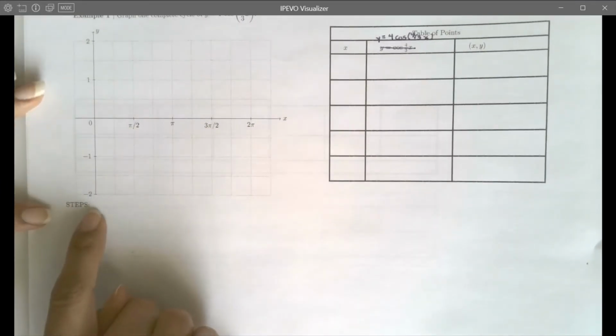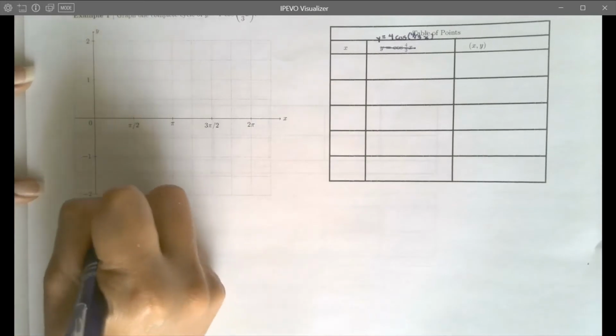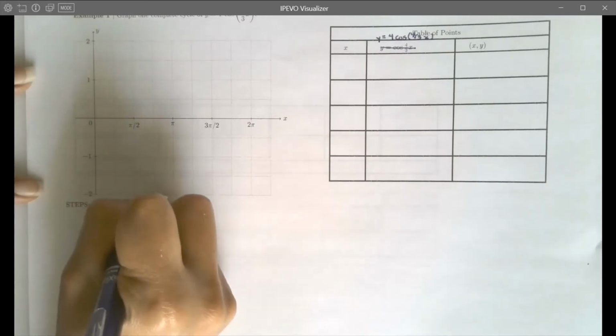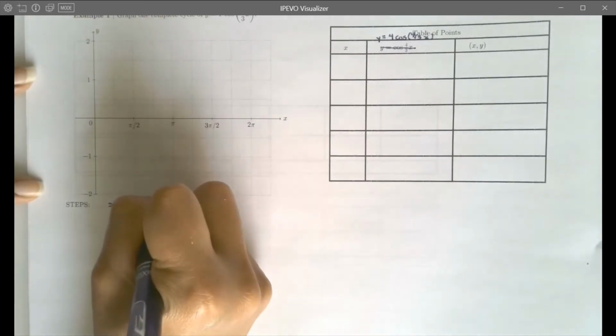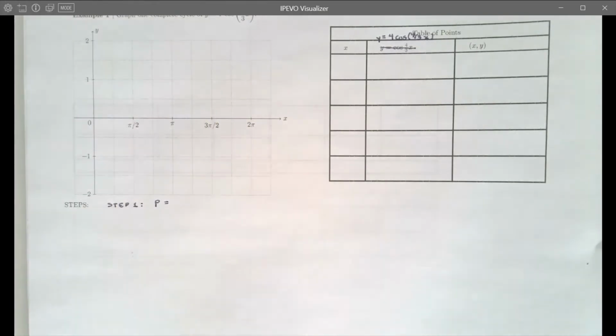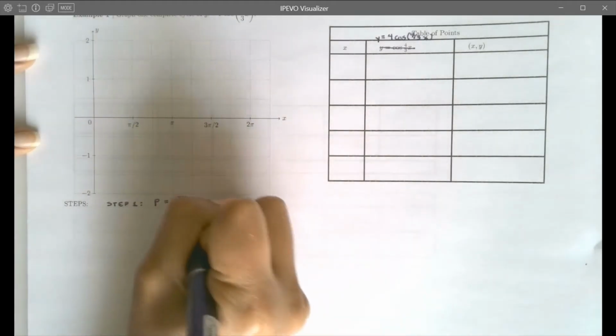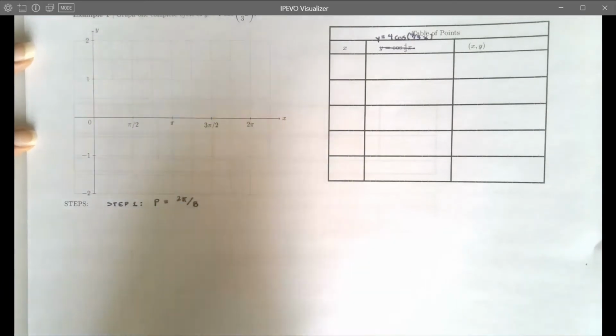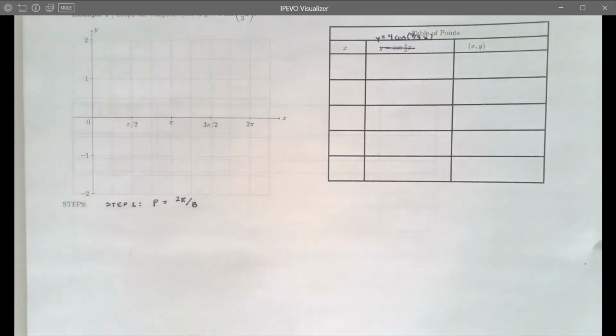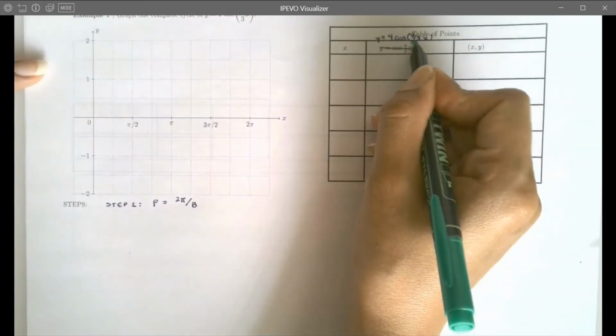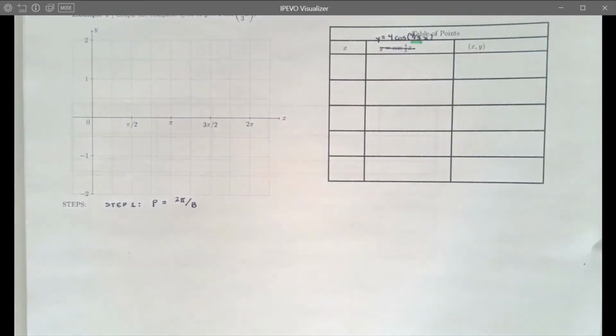In order to get started, I want us to take a first step of finding the period. We devised a way to calculate it for every single instance of a sine or cosine function, and that was to take 2 pi and divide it by the number of cycles, which we call b. And b is the coefficient of x always, which is this 4/3.